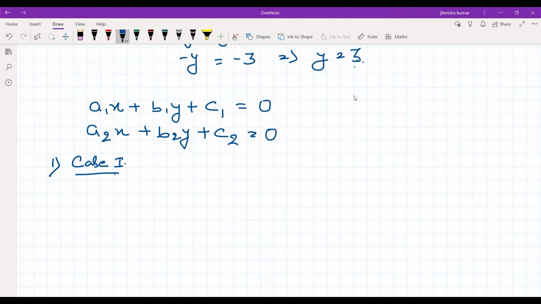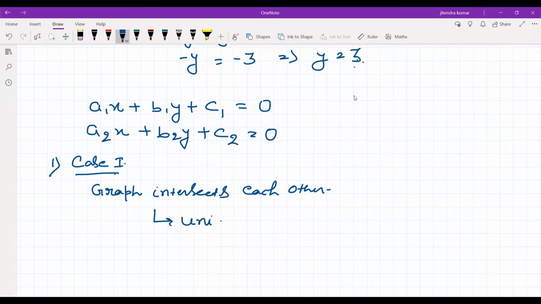Okay, if they intersect each other, in this case we say that this has a unique solution.